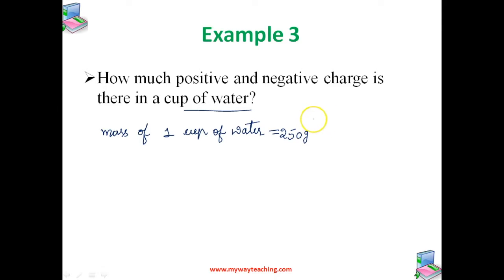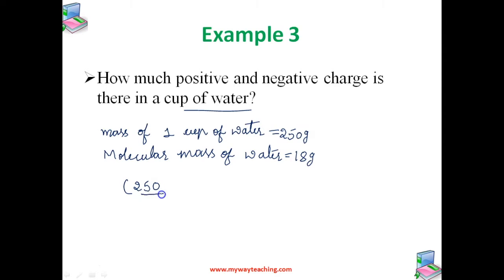And the molecular mass of water, we all know it, is 18 gram. The number of molecules in 1 cup of water, we can calculate as 250 by 18 into 6.02 into 10 raised to 23.